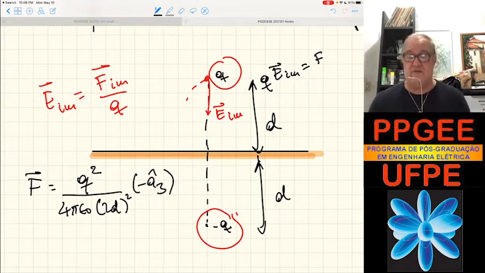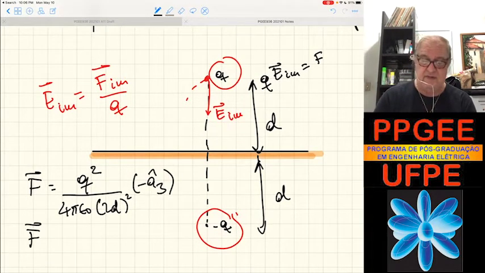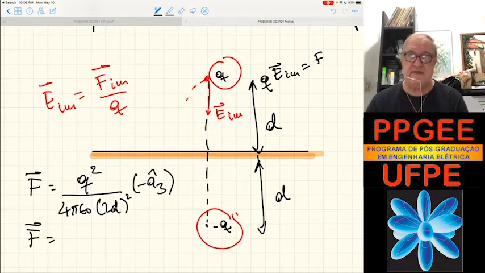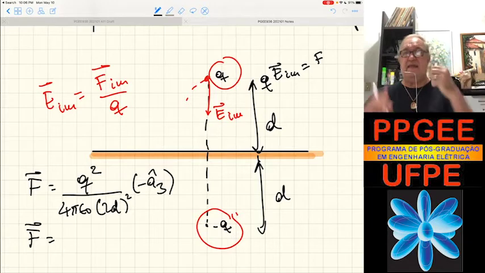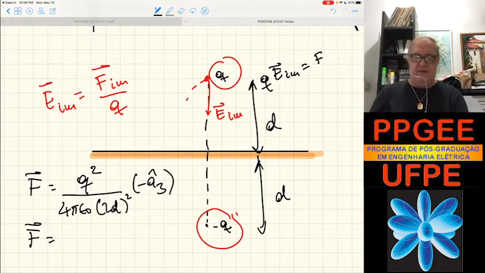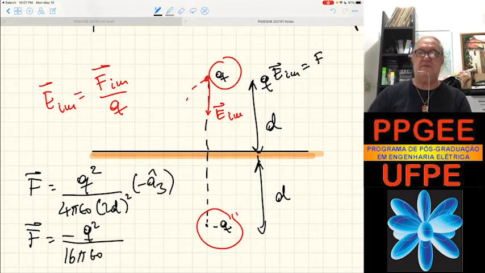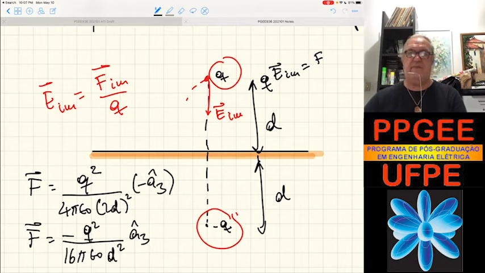So it's an attractive force between the charge and the conductive surface. So the plane pulls the charge with a force given by minus Q squared over 16 pi epsilon 0 d squared az. That's how the plane pulls the charge, right?